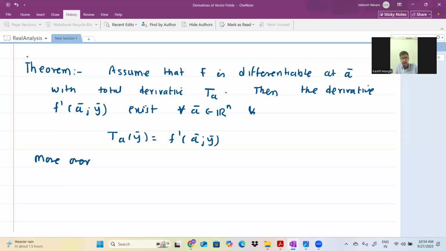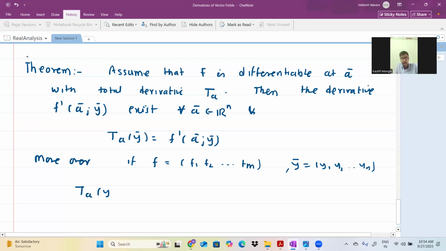Moreover, if you write this component-wise, if your F is like this, with first component up to M-th component, and Y is from the domain, then what is the value of this TA of Y?